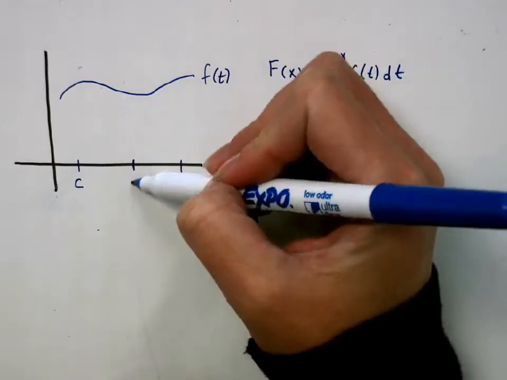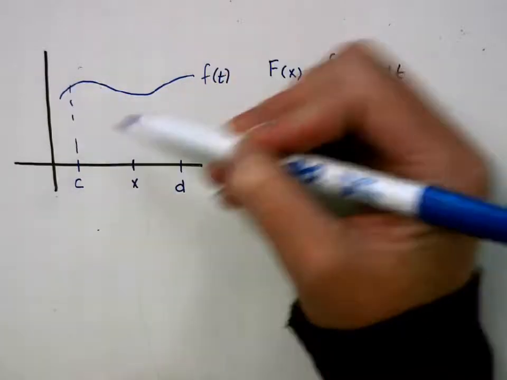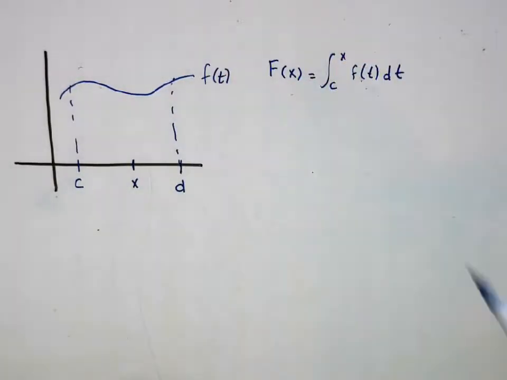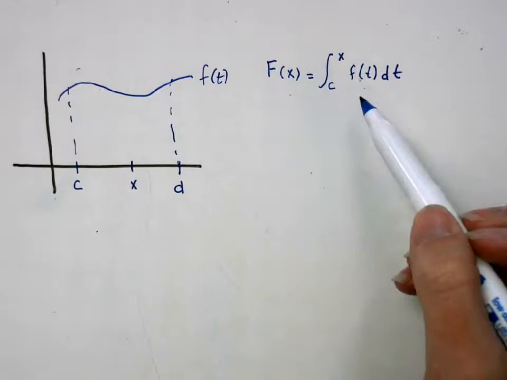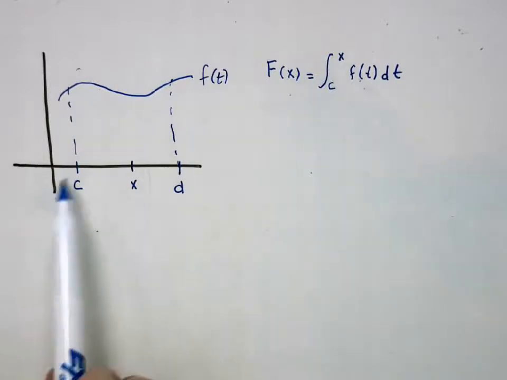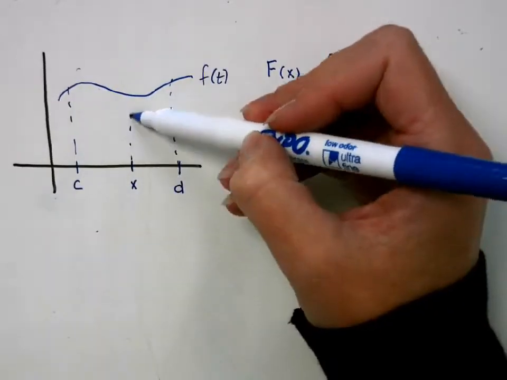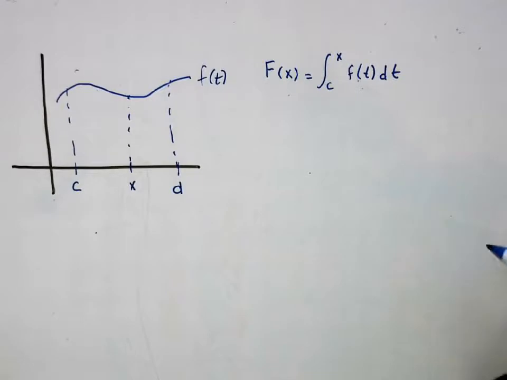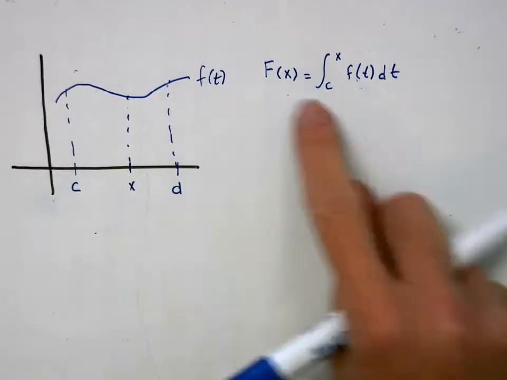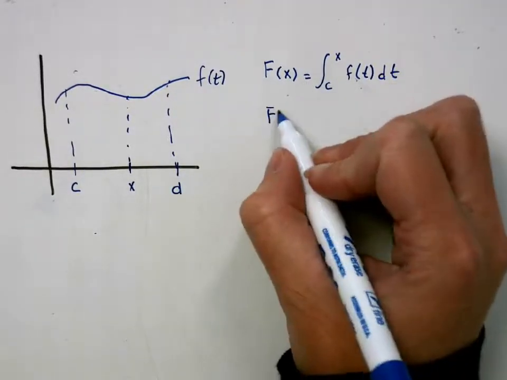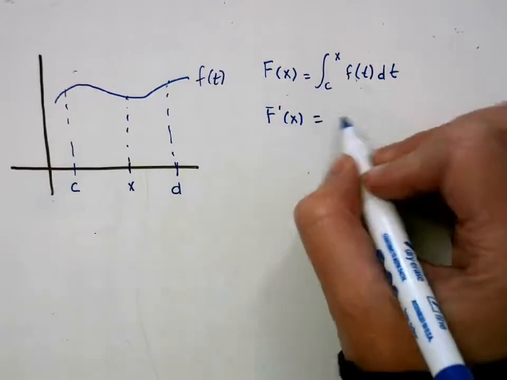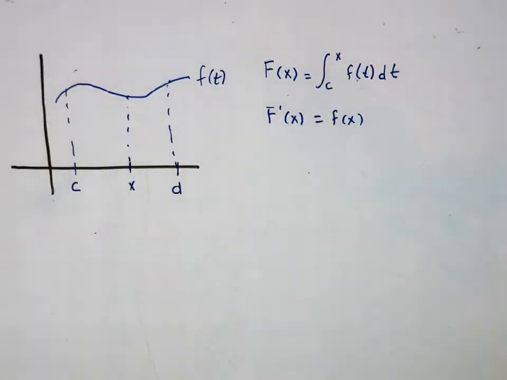Okay, so I'm going to put some x value here. So this is going to be the area from c to this x value. From the first part of the fundamental theorem of calculus, we know that F prime of x is going to be f of x.